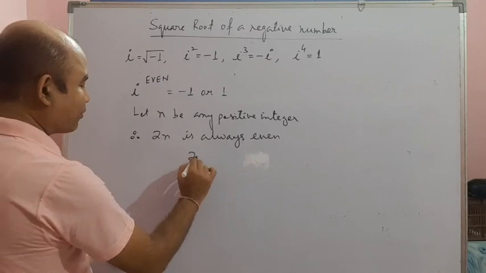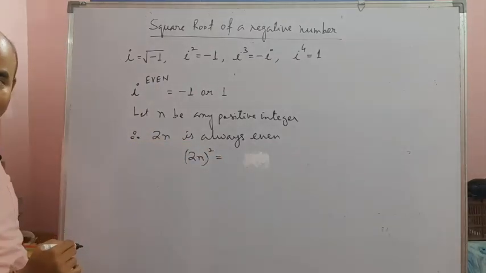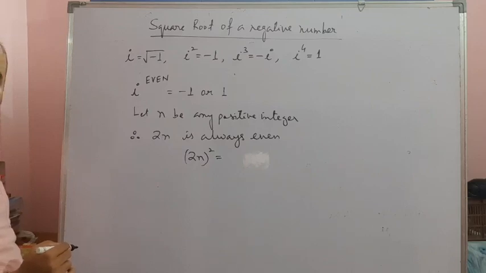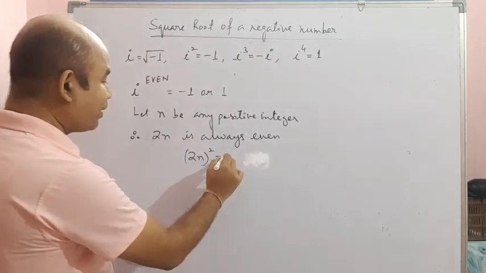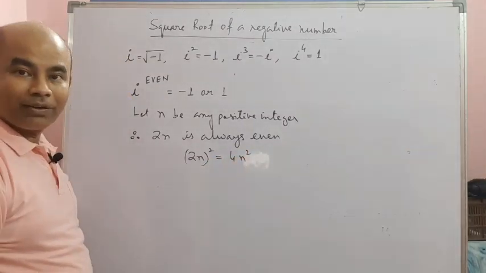Now let us find the square of 2n, that is, the square of that even number. The square of 2n will be the square of 2, that is 4, and the square of n: 4n square.